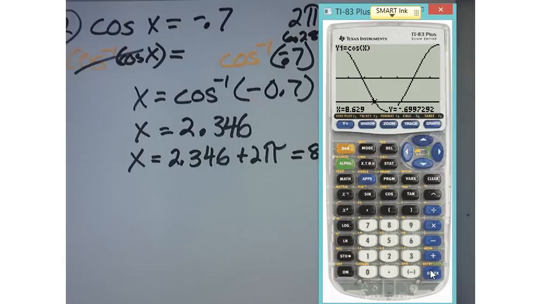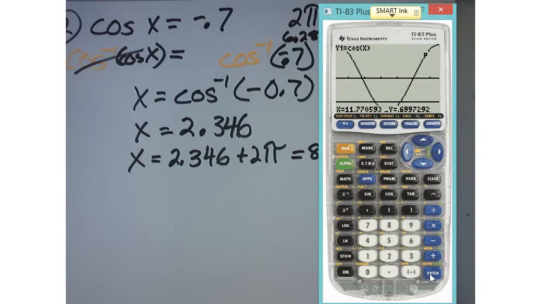Let's try just adding 1 pi. If I say 8.629 plus pi, we're guessing that it might intersect right here. Oh wow, that's too far.